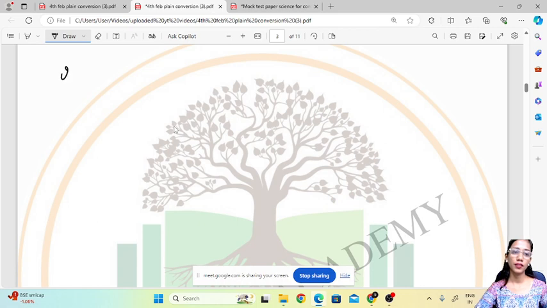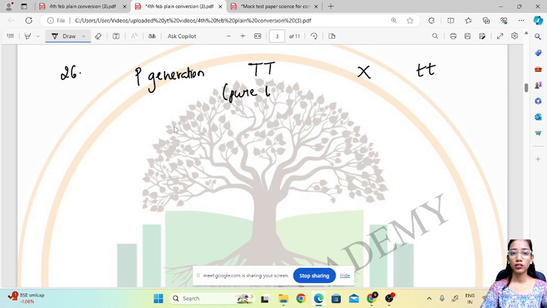First of all we need to write the P, that is parent generation. Okay, then capital T, capital T crossed with small t, small t. This is for the pure tall plant, and this is for the pure dwarf plant.